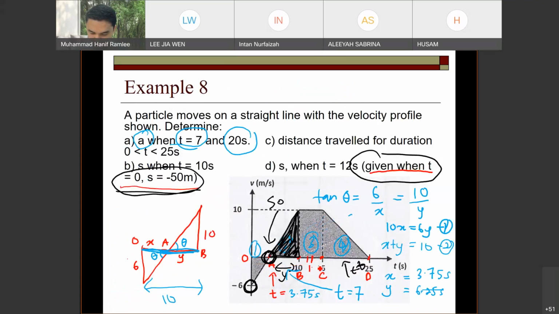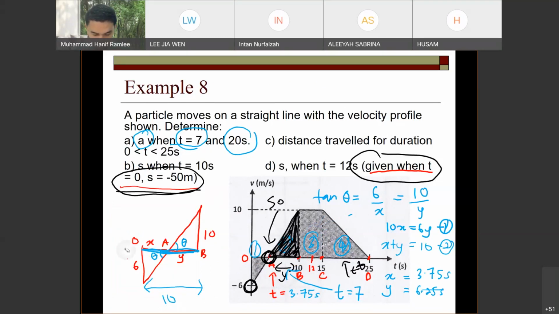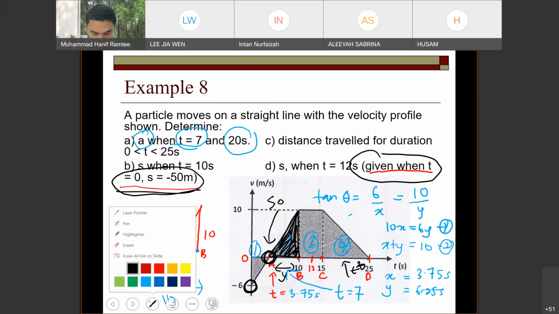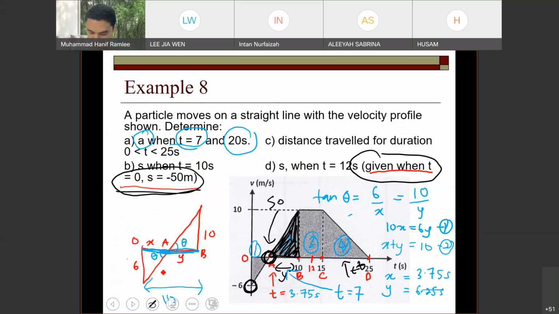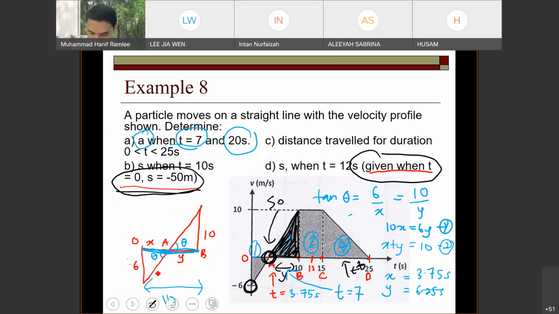Yes, 12. So T equals 12 here. I put E, for example, point E.